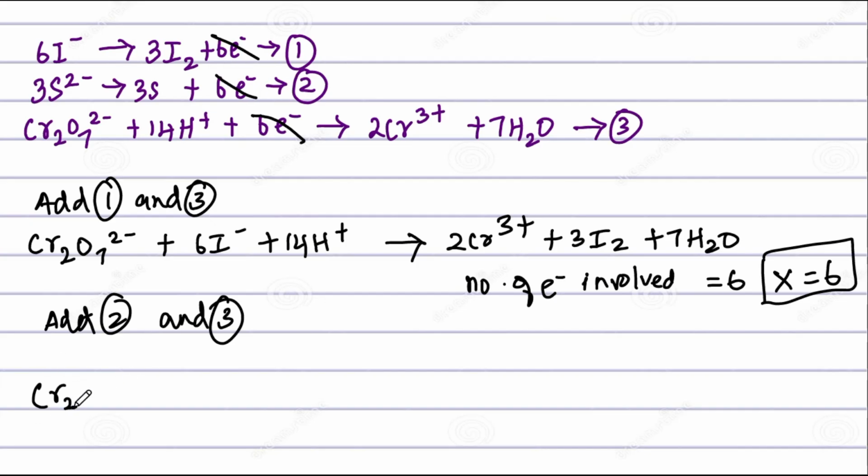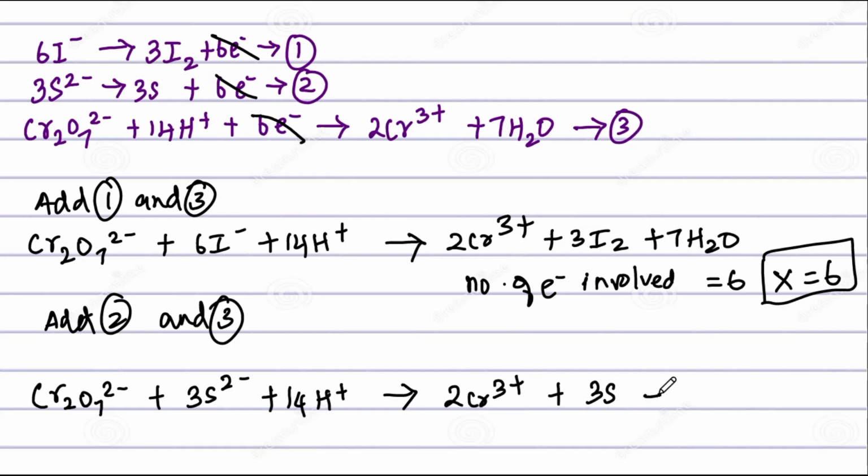So the remaining is Cr2O7 2- plus 3S2- plus 14H+ gives 2Cr3+ plus 3S plus 7H2O. Here also the number of electrons involved is equal to 6. So the value of Y is also 6.